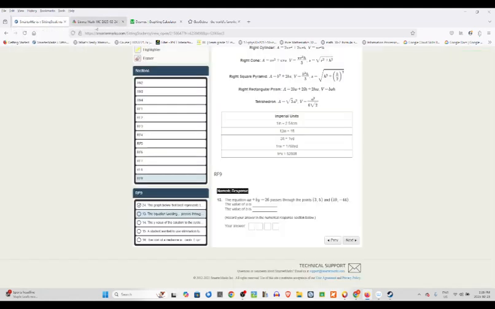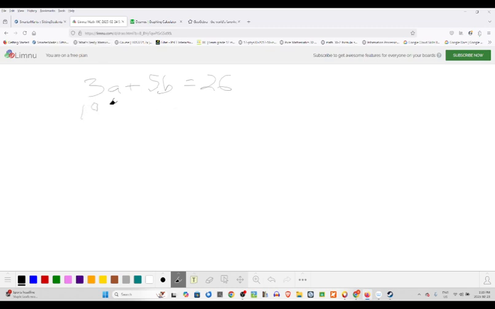Our second one goes through the point 10, negative 44: 10a minus 44b still equals 26.